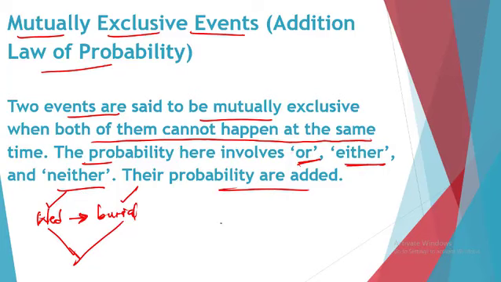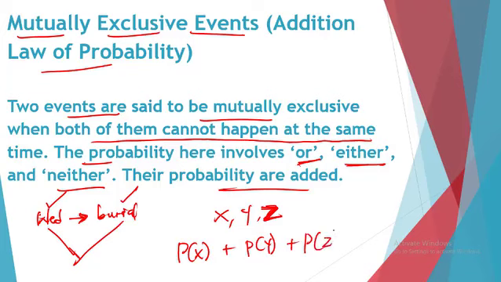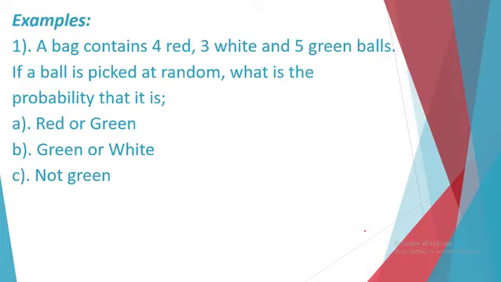That is to say, if we have x, y, and z to be mutually exclusive events, then their probability would be probability of x plus probability of y plus probability of z. That's what it means. So let us then take some examples.